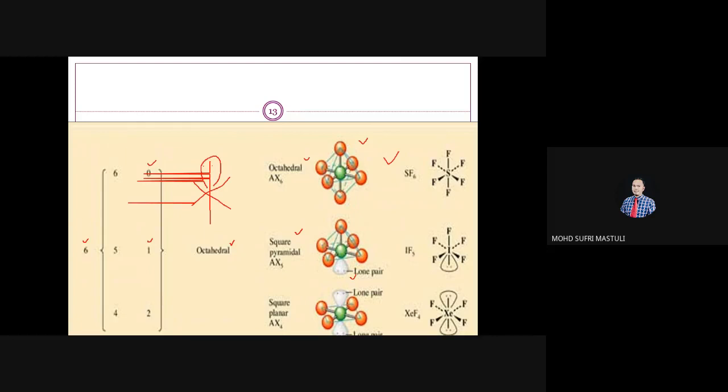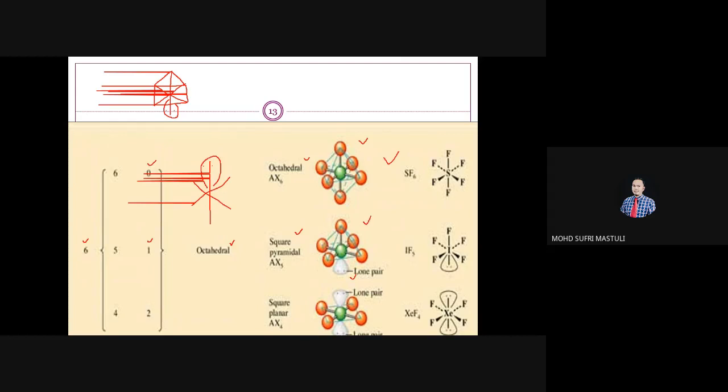Square pyramidal, so this is a octahedral. If we do the first lone pair in the bottom one, we can observe this is a square, and then it looks like pyramid. This is why we name it square pyramidal.